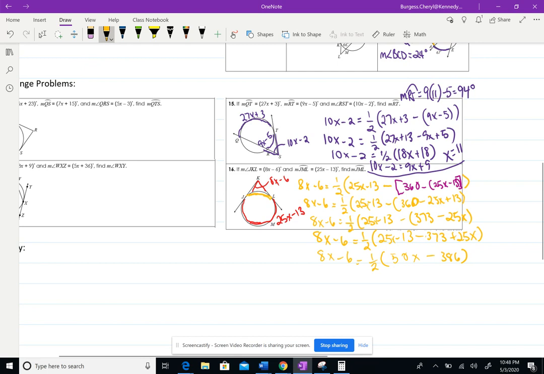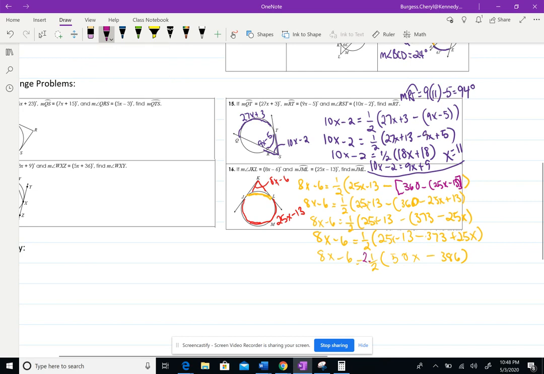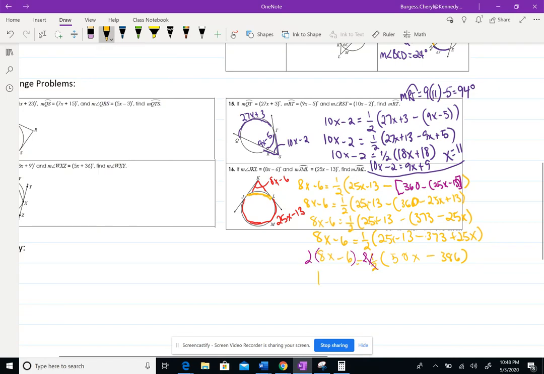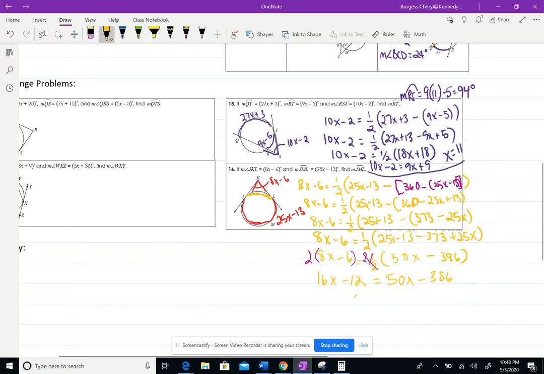This time, I think I'm going to multiply by 2 on both sides. So times 2, times 2. These cancel. That gives me 16x minus 12 equals 50x minus 386. Okay, 50 minus 16. It's really late, my brain's not working. 50 minus 16 is 34x.